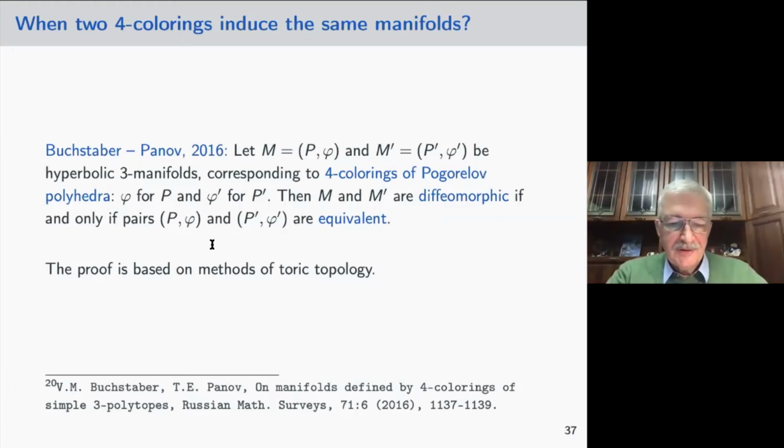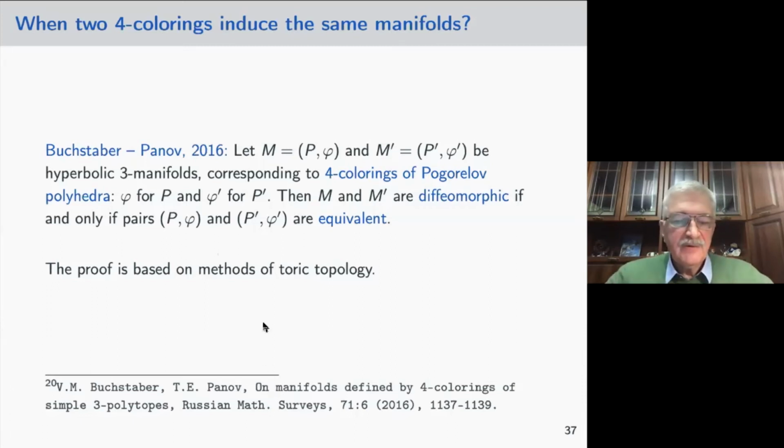So they used a very nice method from modern theory called toric topology. So they used some rigidity about moment-angle manifolds. So they proved that manifolds are the same if the corresponding homology rings are the same. So it's out of our topic now. But you can find the paper published in Russian Mathematical Surveys.